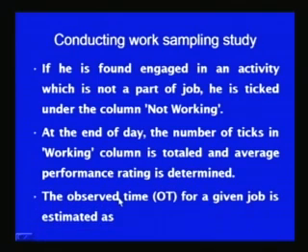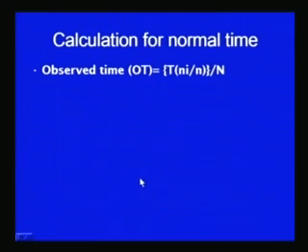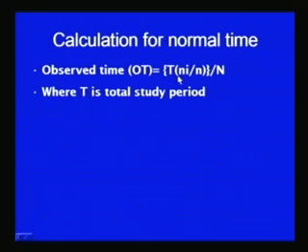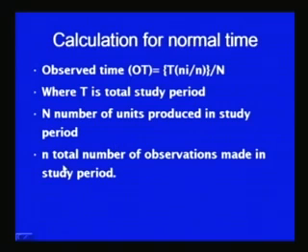The observed time OT for a given job is estimated as given in the following equation: OT = T × Ni / n / N, where T is the total study period, N is the number of units produced in the study period, and small n is the total number of observations made in the study period.